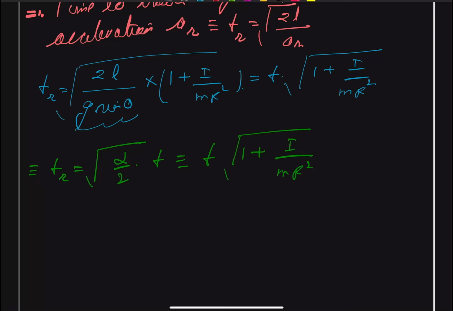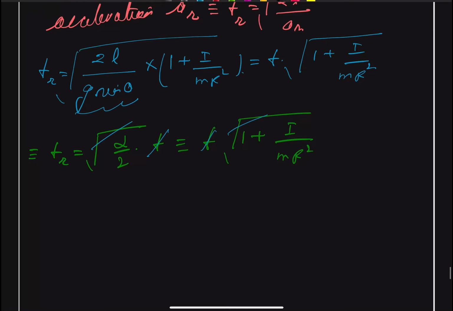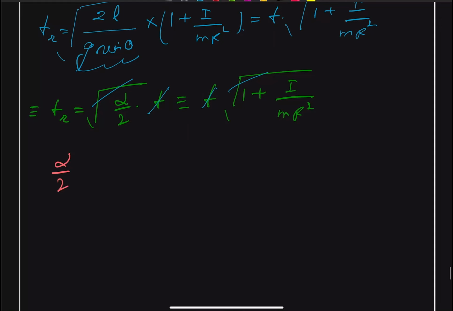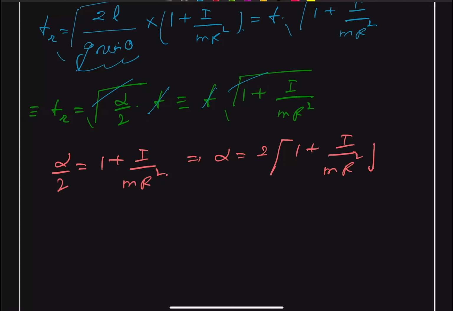So here the t and t, square root and square root go away. So we get alpha upon 2 is equal to 1 plus I upon m r square, which gives that alpha is equal to 2 times 1 plus I upon m r square.